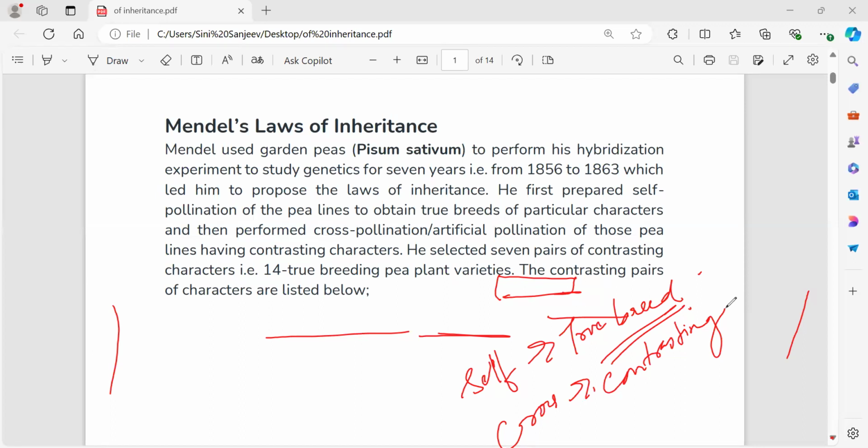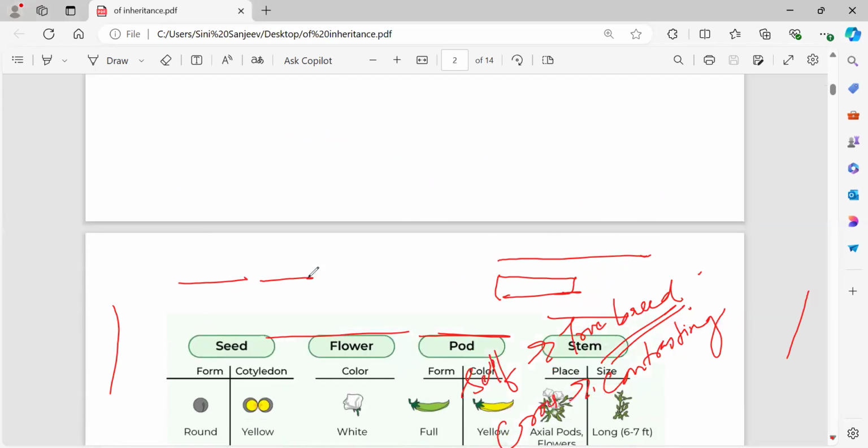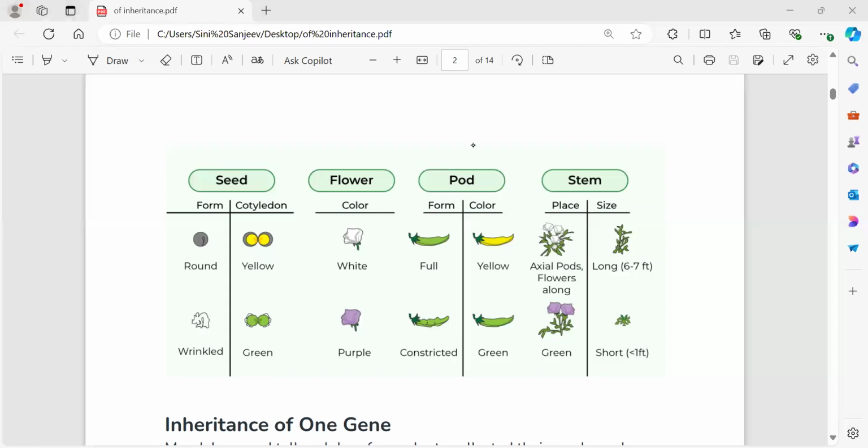To do this experiment, he took 7 pairs of contrasting characters, which produced 14 breeding pea plant varieties. So let's see one by one what those varieties are.